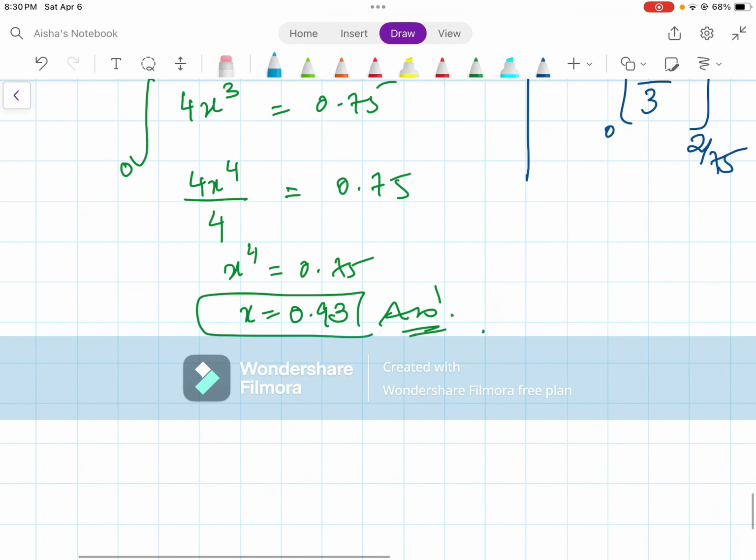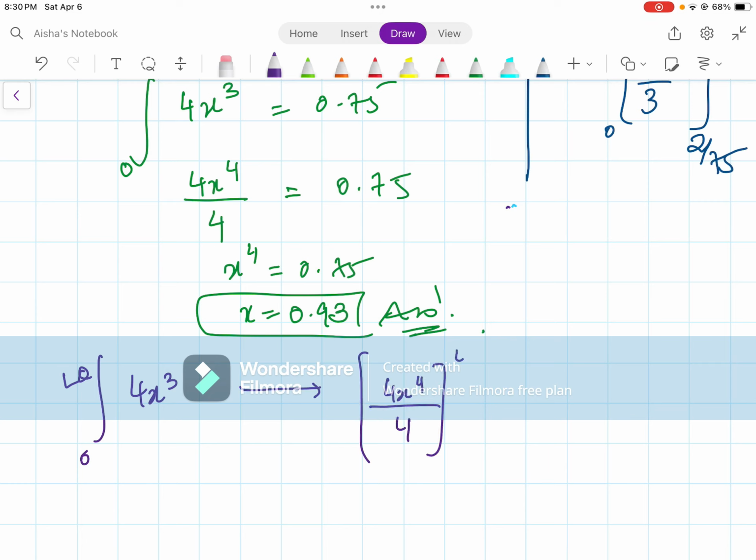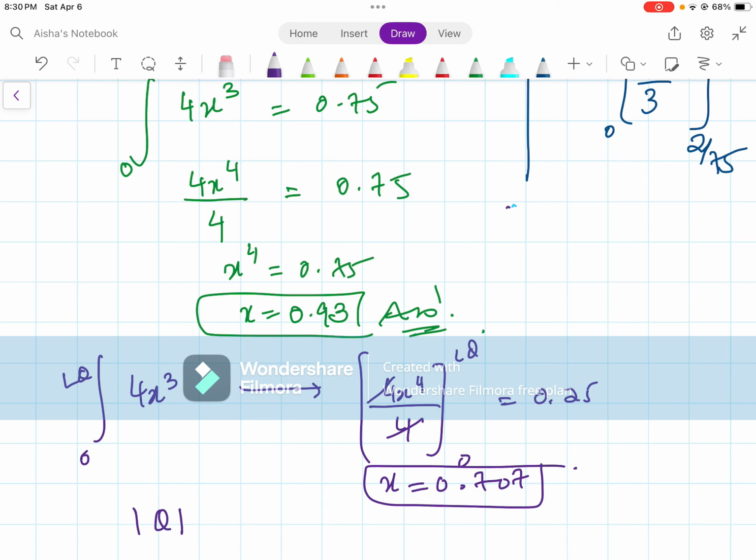That means first you need to find out the lower quartile. Now interquartile range is upper quartile minus lower quartile.